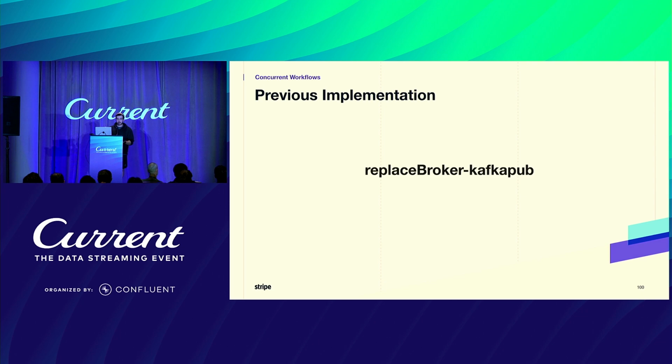And because of this mutual exclusion, you couldn't run another broker replacement on that specific host type. And it works. It's a little primitive in a sense that if you have multiple clusters that belong to the same host type, you can no longer replace brokers on the other clusters, but it ensures that you're not doing multiple broker replacements on a specific cluster at once.